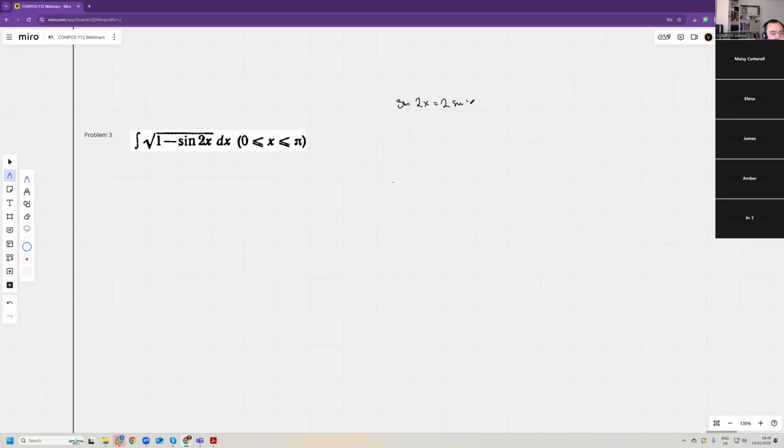Is 2 sine x cos x. So what if I do a substitution? I shouldn't need to do a substitution here. u is sine 2x.